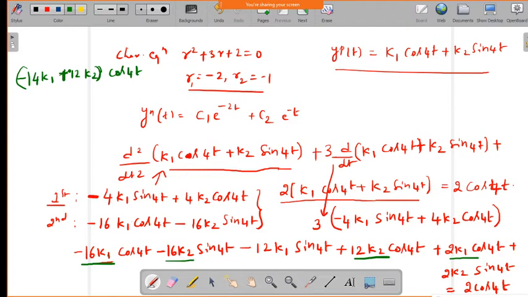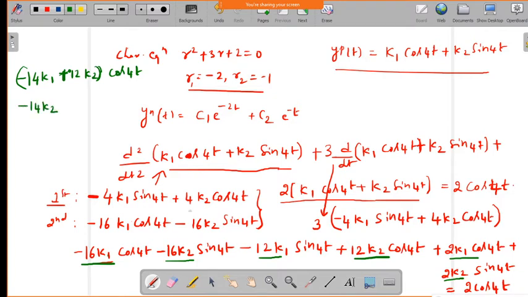This is the cos terms, and now get the sine terms, which are minus 16 k2, minus 12 k1 and 2 k2. Plus 2 k2 and minus 16 k2, you will get minus 14 k2.